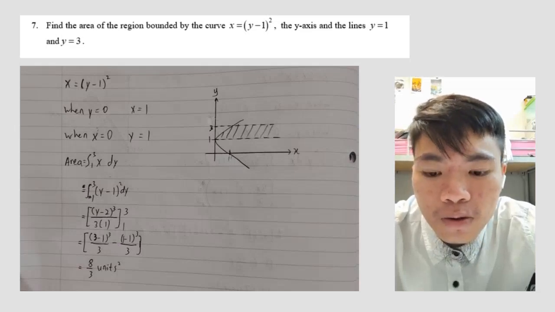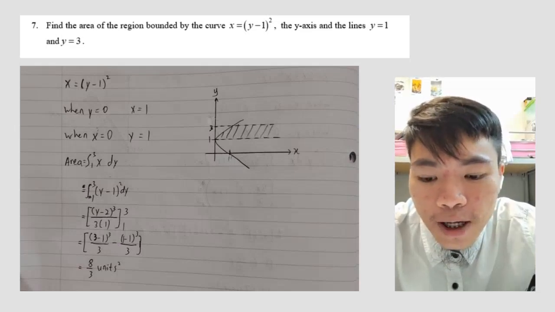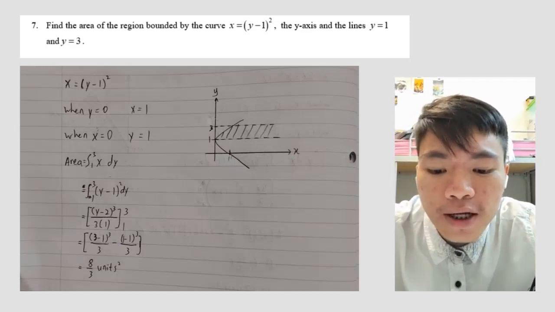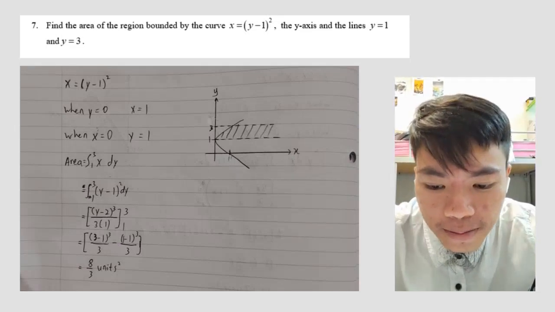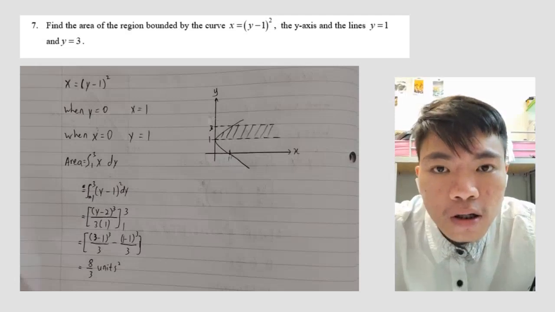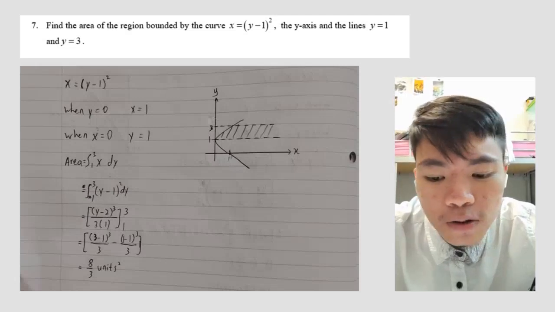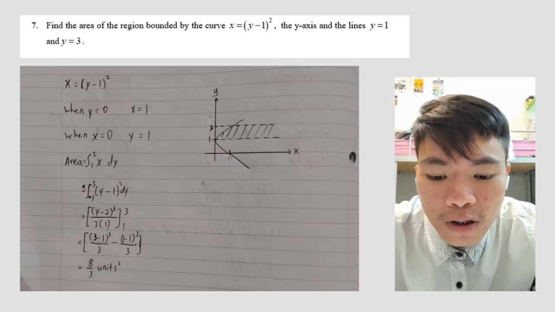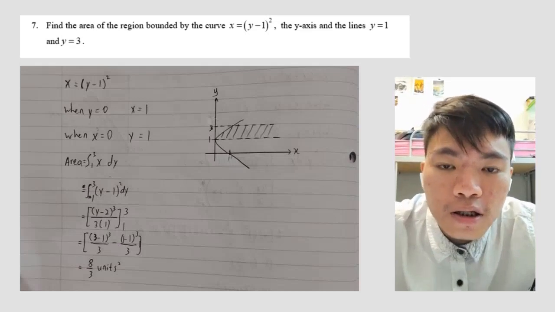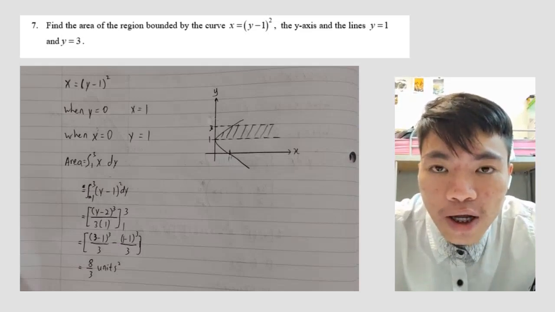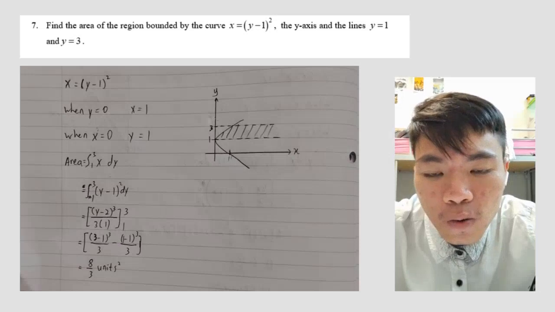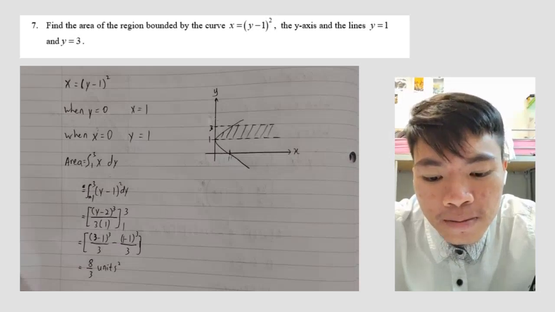The first step is we expand x equals (y minus 1)(y minus 1). After that, we use the calculator to find that when y equals 0, x equals 1, and when x equals 0, y equals 1.